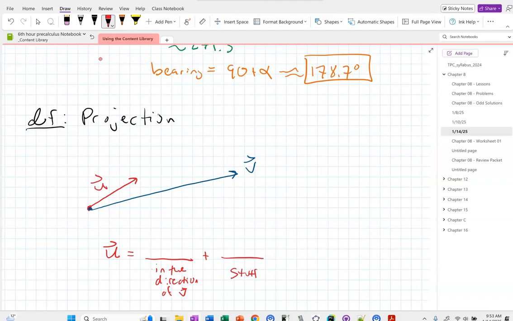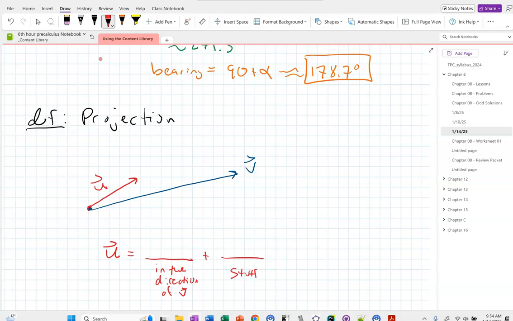Now, we do this kind of thing all the time with numbers, right? If I say, I want you to write the number 5 as 4 and something else, well, it's really easy, right? 5 is 4 plus 1. That's all we're doing here, we're just breaking u up into a specific vector.